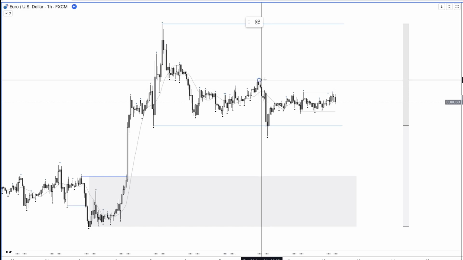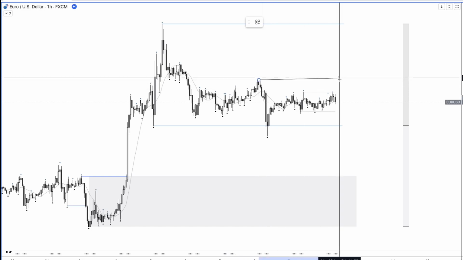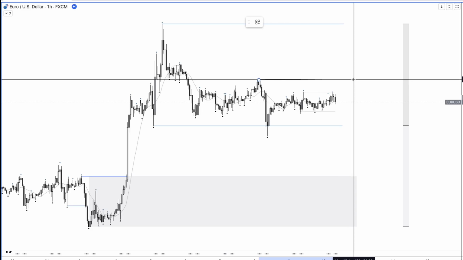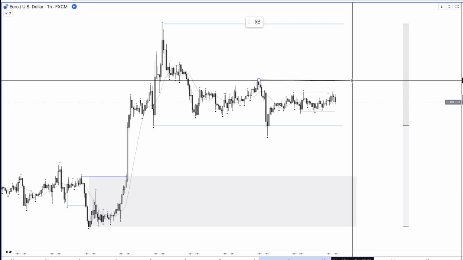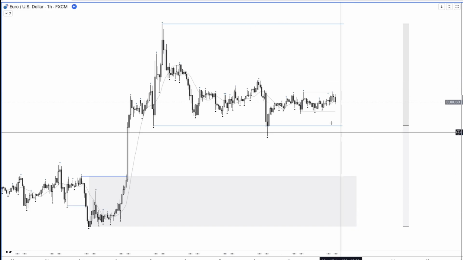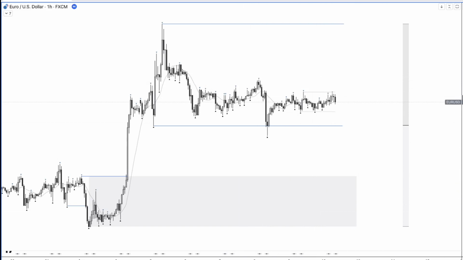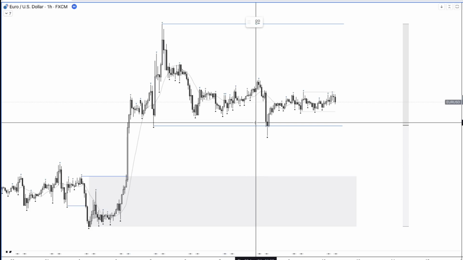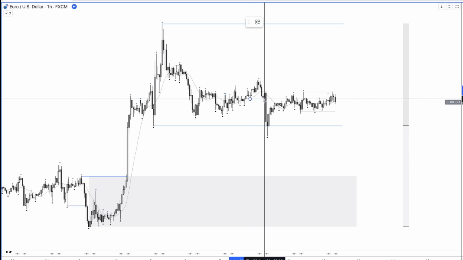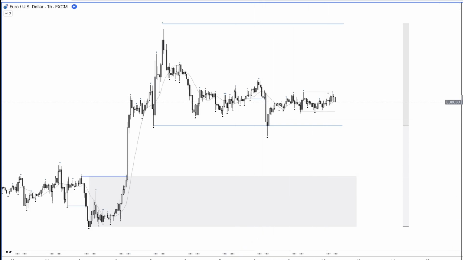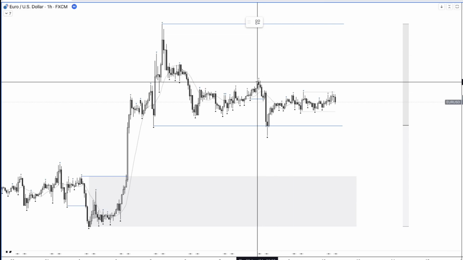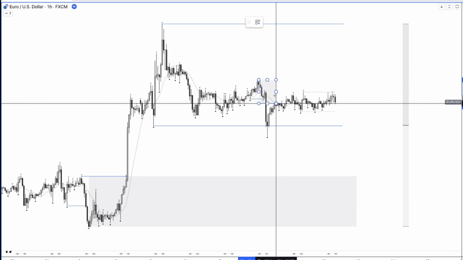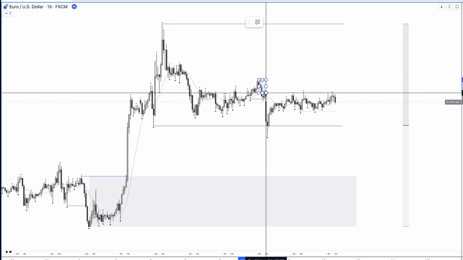The only reason I was looking for shorts is because we were still in this 1 hour downtrend, if you want to call it that. So there was this move here, which we were looking to play on Monday and Tuesday. We got one on Tuesday eventually, finally.